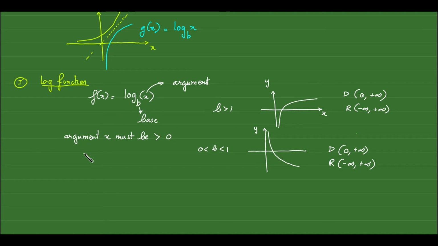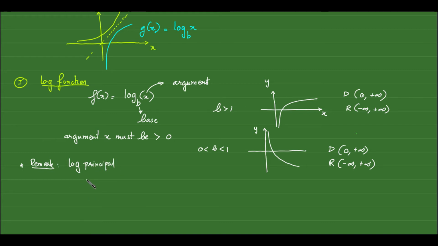There's another thing I want you to notice. Because the log function and exponential function are inverses of each other, it means that from a log function we can convert it to exponential form, or vice versa. This relation we call the log principle.